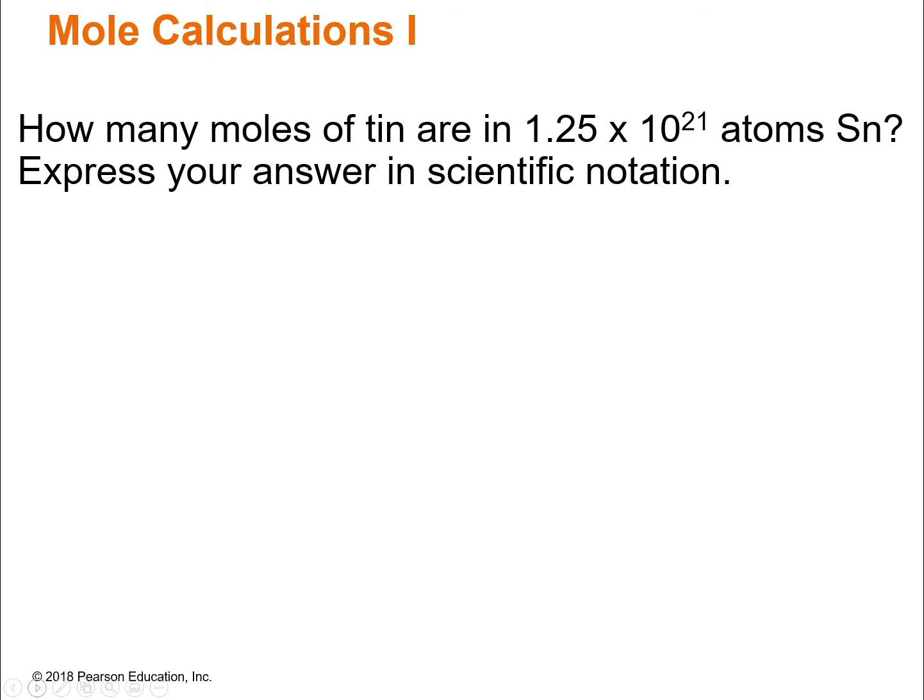Let's do another example. Here we're asked how many moles of tin are in 1.25 times 10 to the 21 atoms of tin. And you need to express your answer in scientific notation.